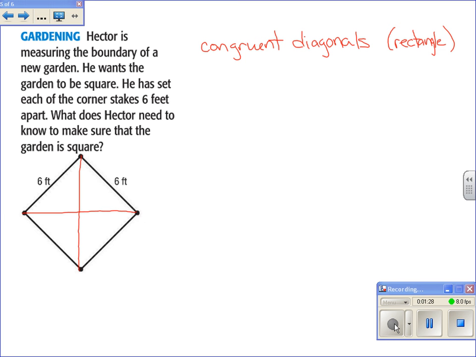And since it is a parallelogram, if I have 2 consecutive sides that are the same, I know by theorem 6.19 that I have a rhombus. So I have a rhombus with 90-degree angles that is indeed a square.